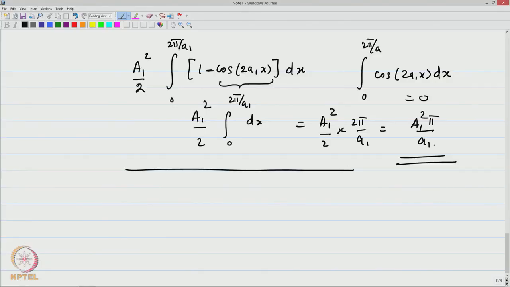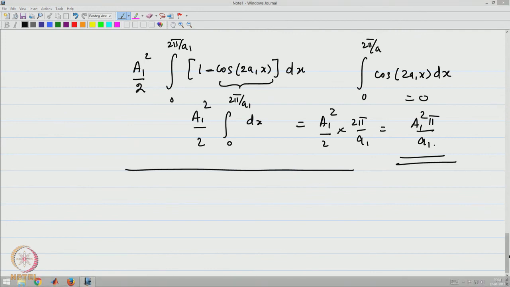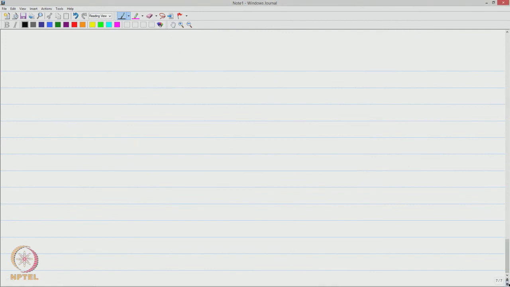Now, another function which is actually not very much used by us, but which is something that you can see in quantum mechanics is going to cause a lot of trouble, is a tan x. Let me get rid of the a1, we will not worry about that. Let us put a1 is equal to 1, and so let this be another function f2 of x, which is sin x by cos x.